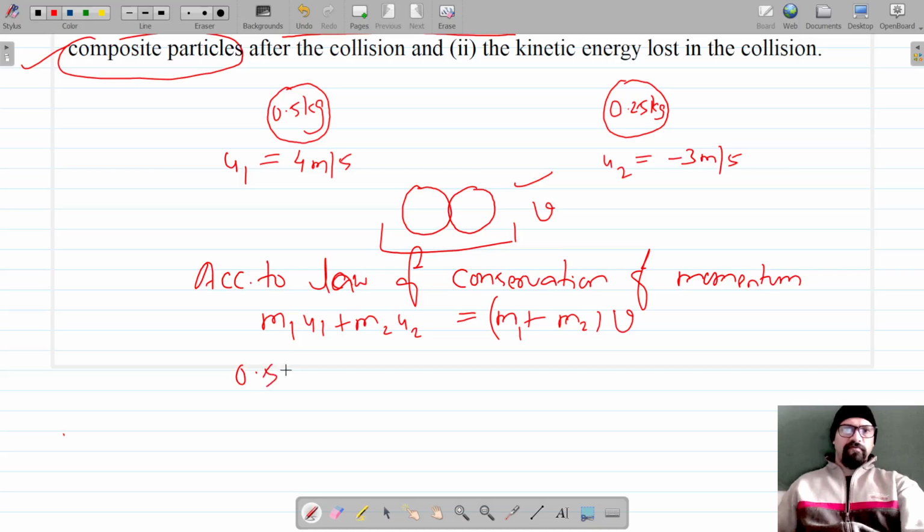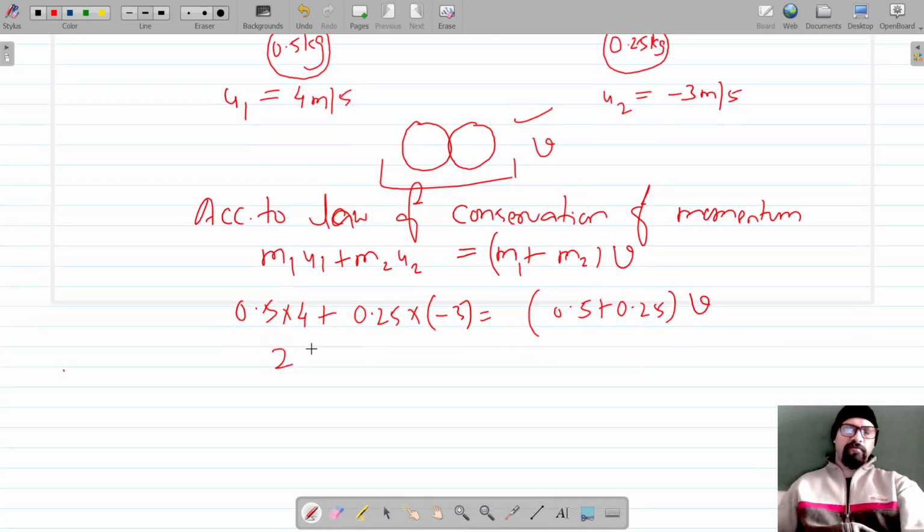So it's 0.5 into 4 plus m2, 0.25, into u2, which is negative 3, equals m1 plus m2, 0.5 plus 0.25, into the common velocity we have to find out. 0.5 into 4 is 2 and this is negative 0.75.